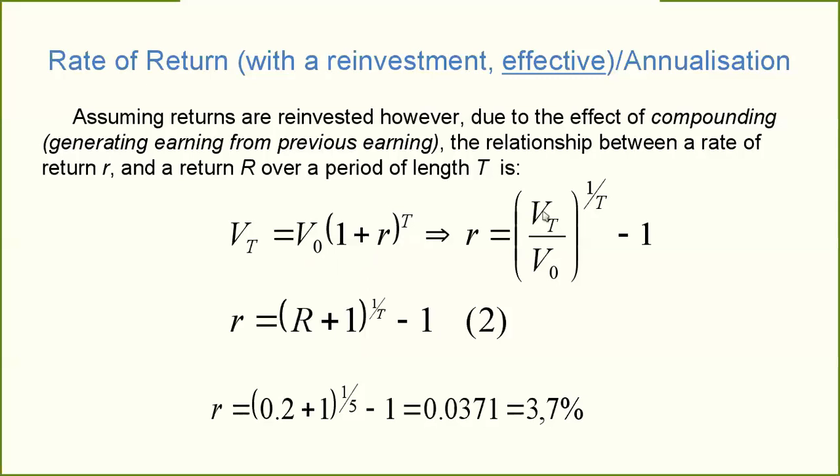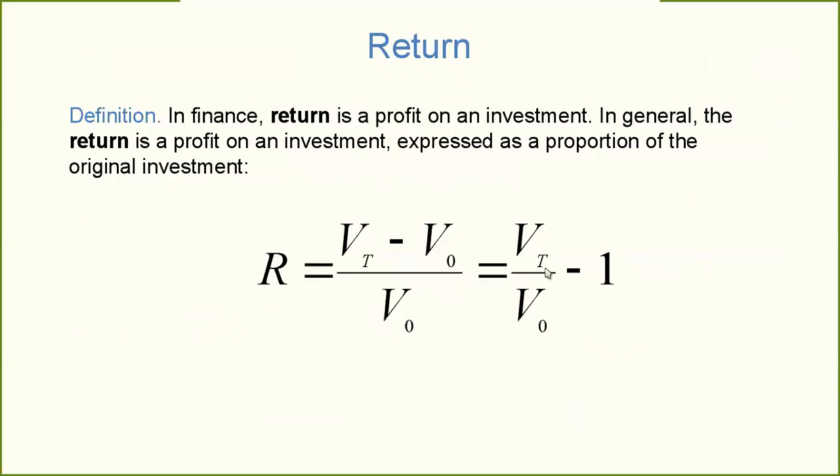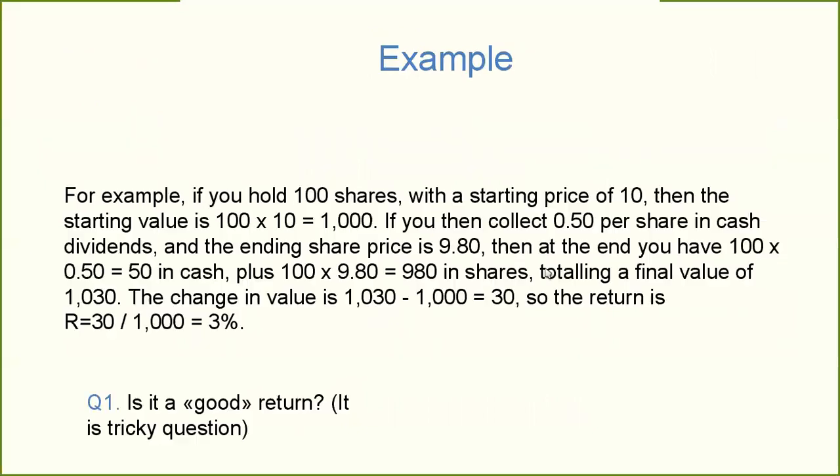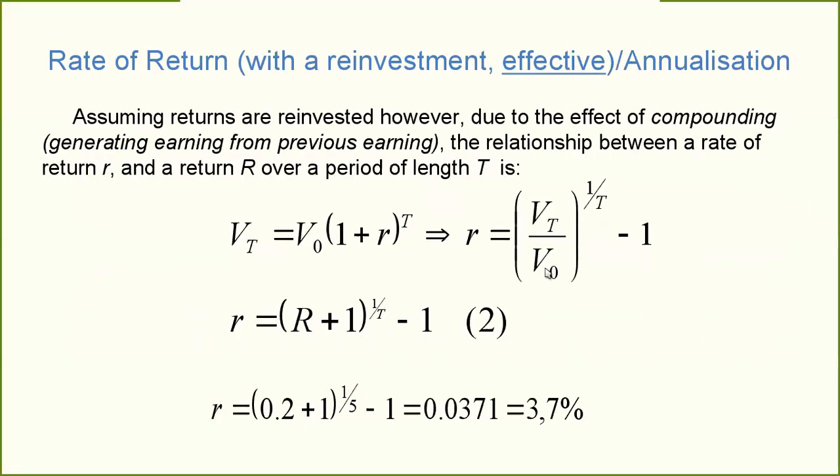But you remember that Vt divided by V0 from the first slide, yes? Vt divided by V0 is R capital plus 1.